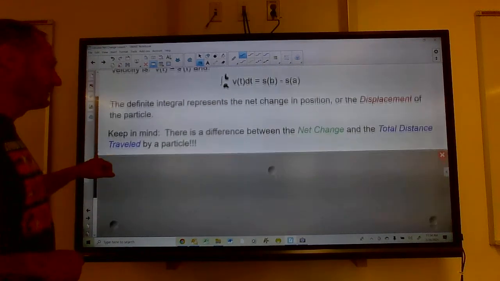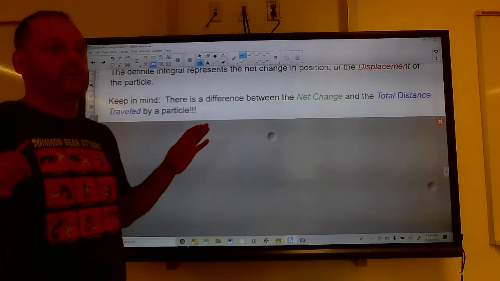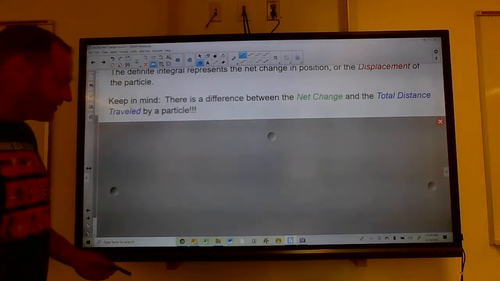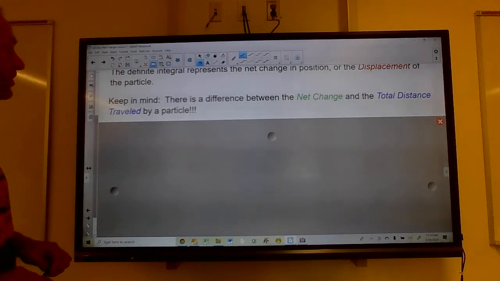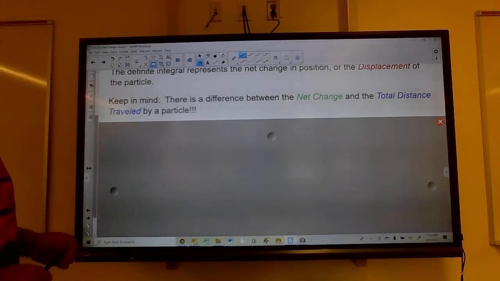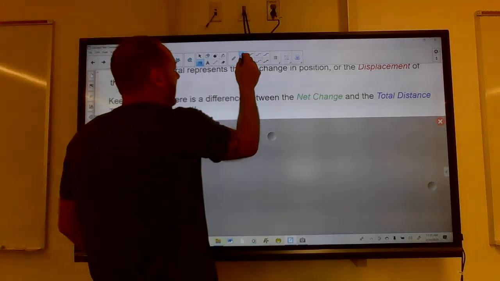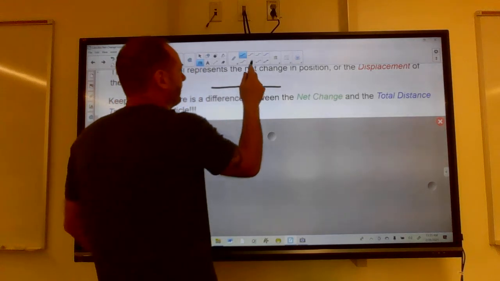Okay, keep in mind, this is really important because depending on how the question is worded, you're going to do entirely different things. There is a difference between the net change and the total distance traveled by a particle. So let's say I had something simple, like a straight line, and this particle was following a straight line.